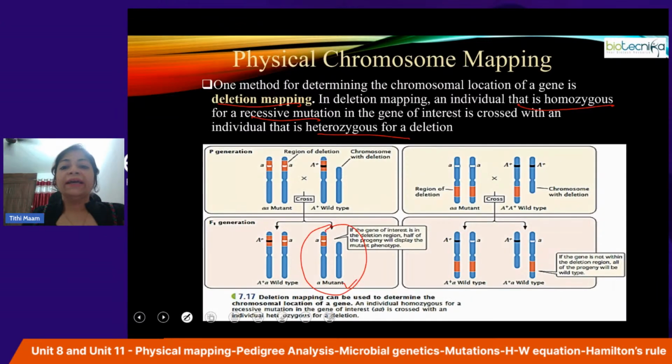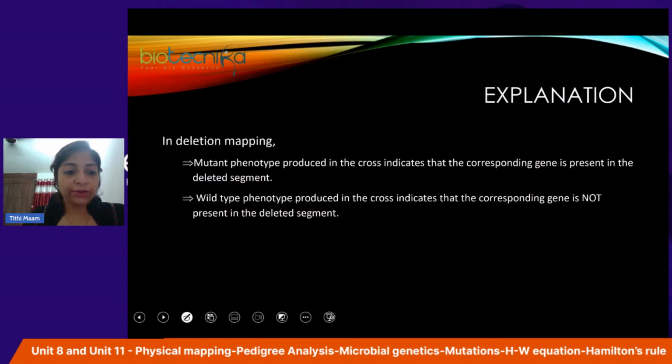Now if the gene of interest is not present in the deleted region, then what will be the scenario? The entire progeny will show the dominant phenotype, or the wild type phenotype here. So what can we conclude? That a mutant phenotype produced in a cross indicates that the corresponding gene is present in the deleted segment.